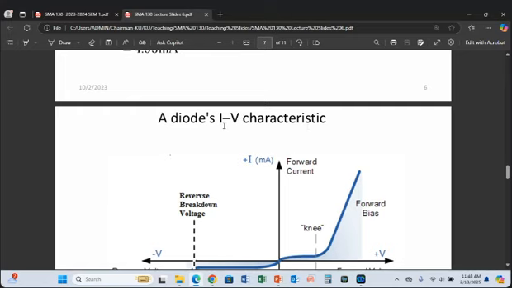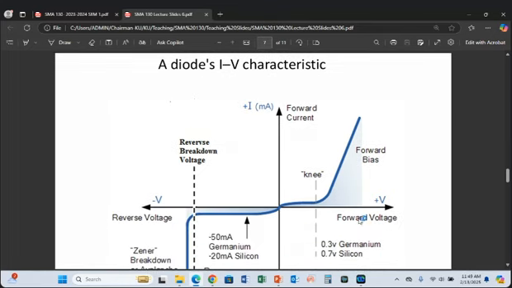It shows current versus voltage, which is why we call it a diode's IV curve, or the diode's IV characteristic curve. The current is very small, so it is measured in milliamperes. The voltage is measured in volts.